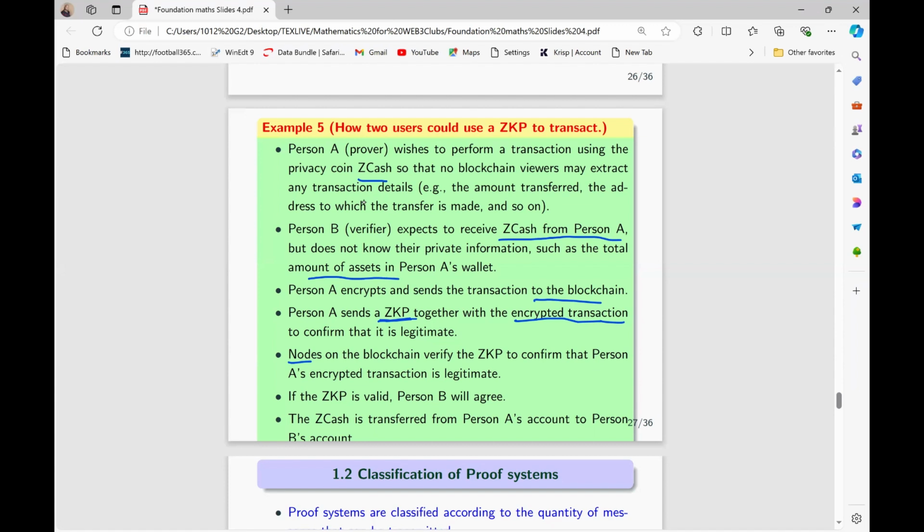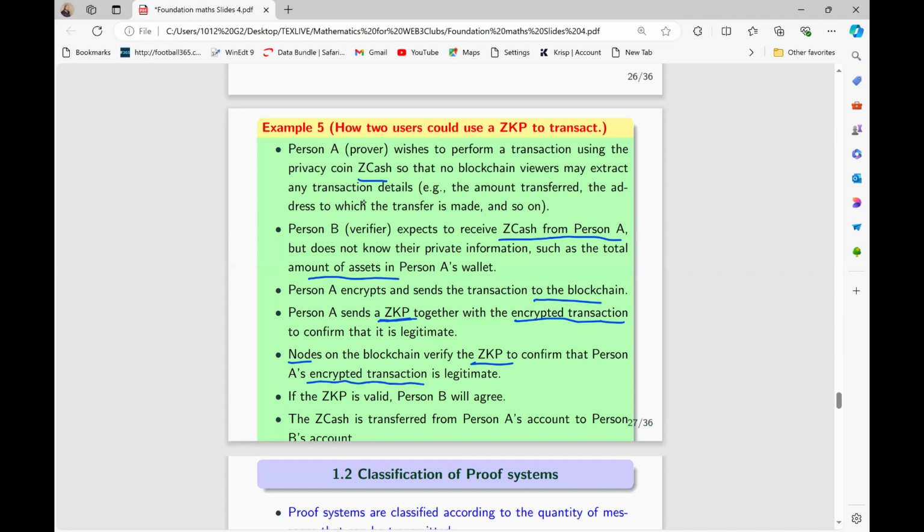So now the nodes on the blockchain will verify that this zero knowledge proof that was provided by person A is legitimate, and therefore person A's encrypted transaction is also legitimate.